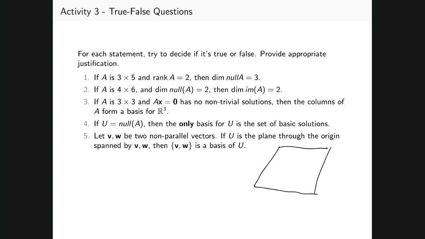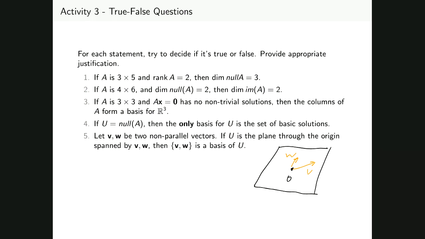We have the origin here. We have V. We have W. And now we're saying these are non-parallel vectors. We're spanning this plane, and we'll say that this is a basis.